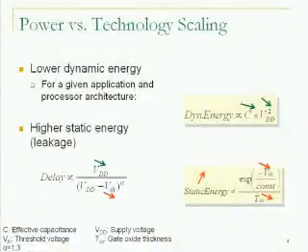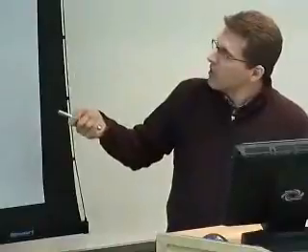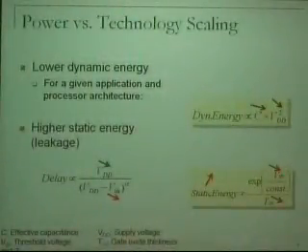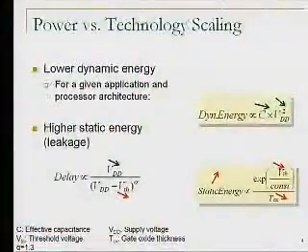When thinking about technology scaling, when we go to lower technologies from, say, 90 nanometer, we go to 65 nanometer, dynamic energy is reduced. Since you are doing the smaller things, the capacitance is reduced, and also since everything is tinier, you have to reduce the power supply.